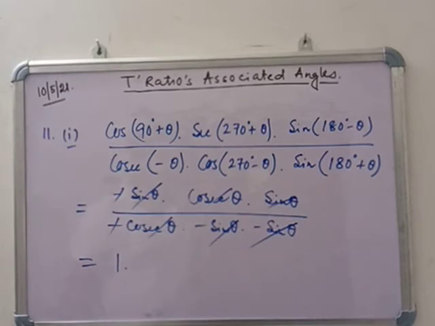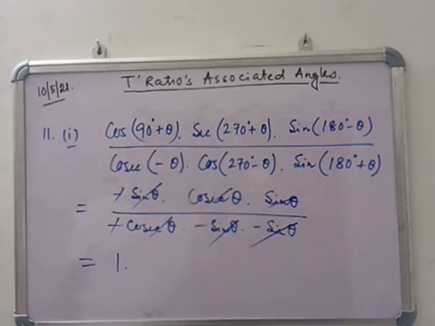So with cos given, that means minus sine theta. Sec 270 degree plus theta, that means cos theta. Sine 180 degree minus theta, that means sine theta. Cosec of minus theta, that means minus cosec theta. Cos of 270 degree minus theta, that means minus sine theta, and sine of 180 degree plus theta, that means minus sine theta. After cancellation, we get 1. So 1 is the answer here.